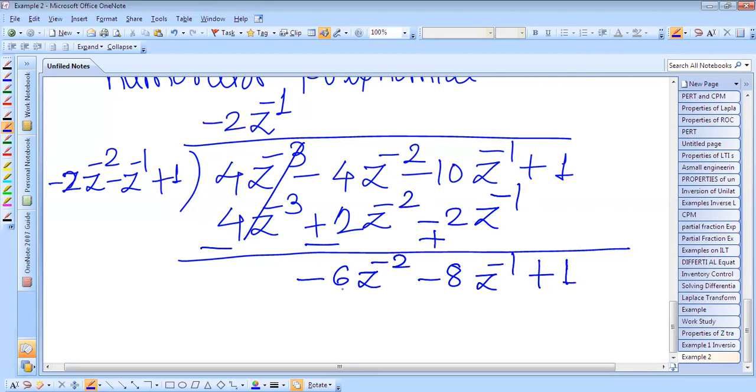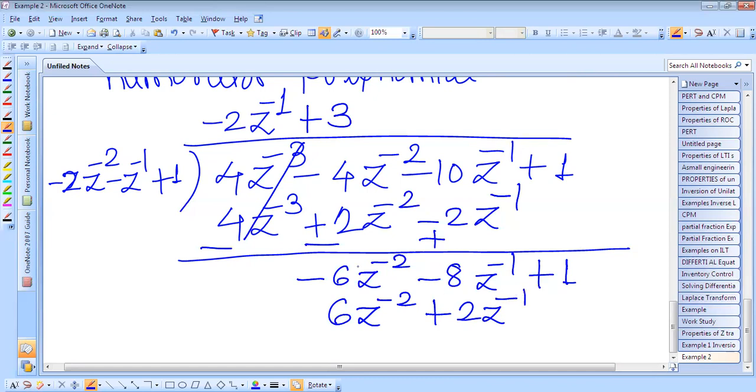Okay, so here now we require 3. So we require a negative sign. Negative sign is already there. We require 3. So 2 is already there. So it will be 3. 3 into 2 is 6 z raised to power minus 2 plus 2 z raised to power minus 1.